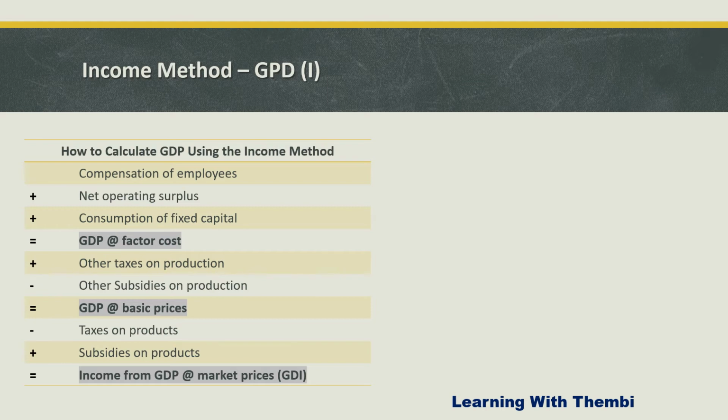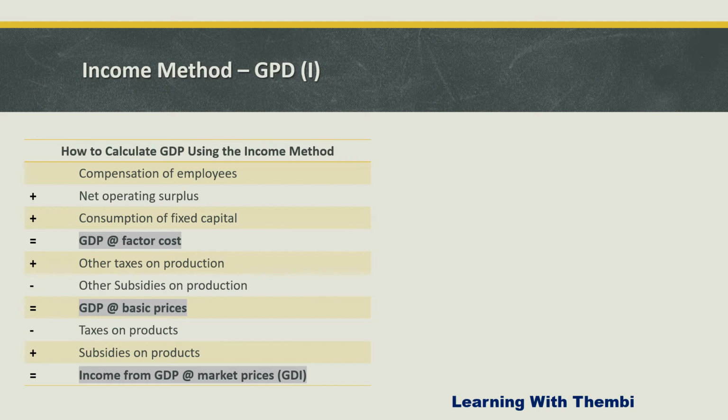We calculate the GDP at factor cost, then the GDP at basic prices, and also the GDP at market prices, and that is where we get our GDI, or the gross domestic income, like I have said. Calculating the GDP at factor cost only means that we are adding the factors of production.